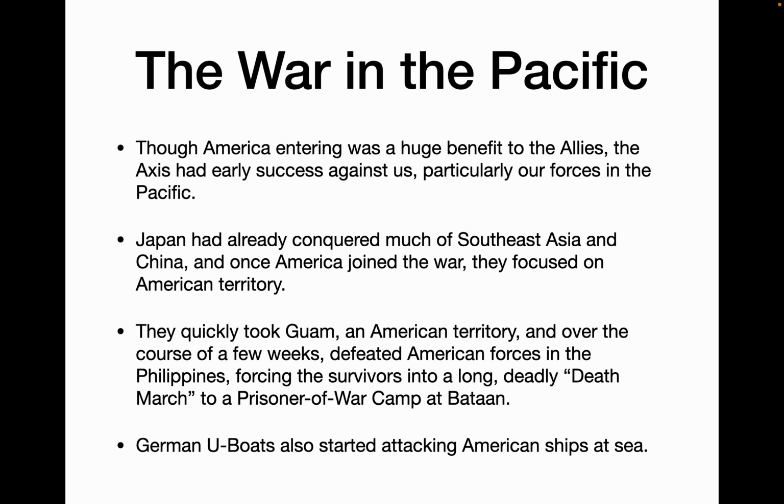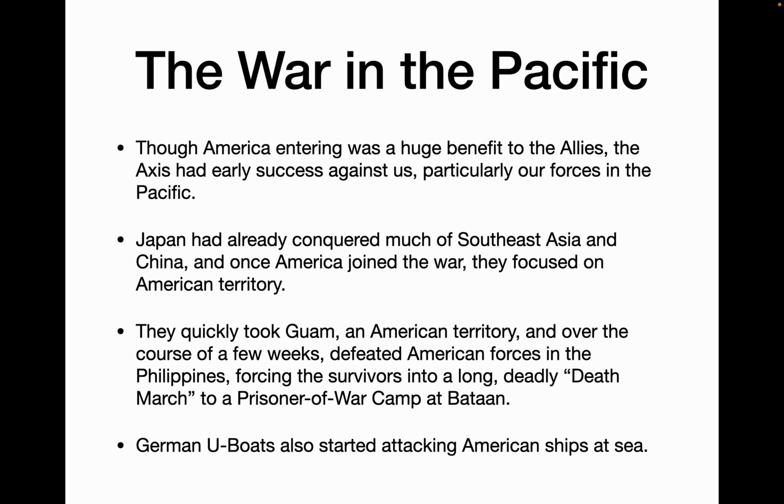Now, let's first look at the war in the Pacific. America was entering and that was really good for the Allies because the Axis had been having a lot of early support. And they continued to have early victories against America, particularly against our forces in the Pacific Ocean.